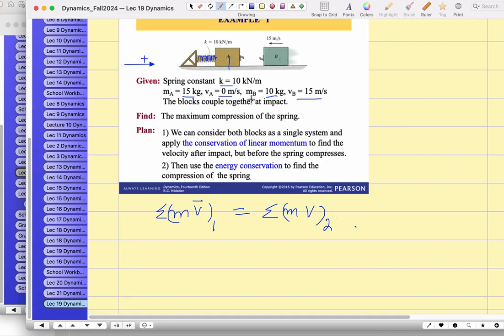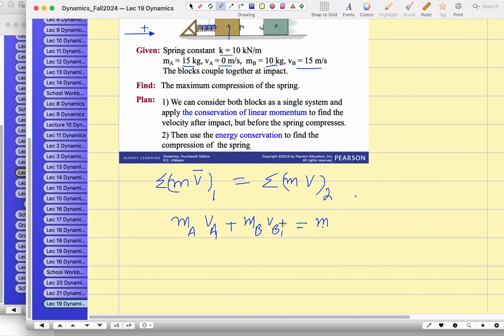So now you can see here, MA VA1 plus MB VB1, there are two masses, mass A and mass B. So before the impact and after the impact, the momentum remains conserved, equals MB VB2 plus MA VA2. I should have written this one term later, but it's okay.